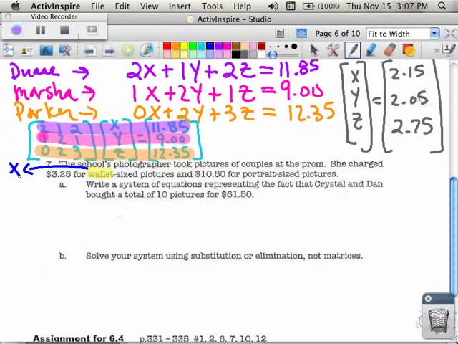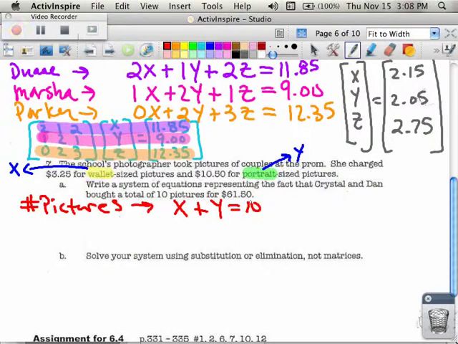And there's also some portrait size things, and those portrait size things we're going to call Y. And if we talk about the number of things that were purchased, so just the number of pictures, we know that they bought some wallets and they bought some portraits, and that was a total of 10, and that they bought these for a certain price.